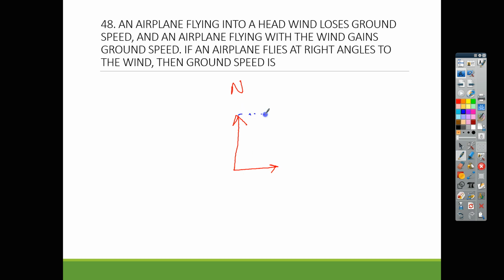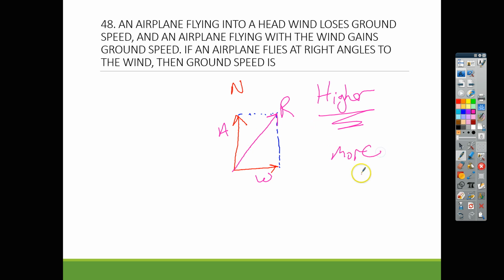We're going to make our parallelogram, and then we will draw our resulting arrow. Let's do that in purple. And we notice that this line is longer than the original speed of the airplane. So this is the airplane, this is the wind, and this is the resultant. So the ground speed is higher than it would have been if the plane was just flying all by itself. That's number 48. Higher, or you could just say it's more.